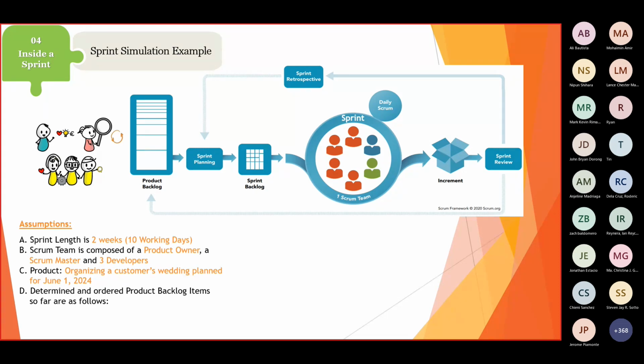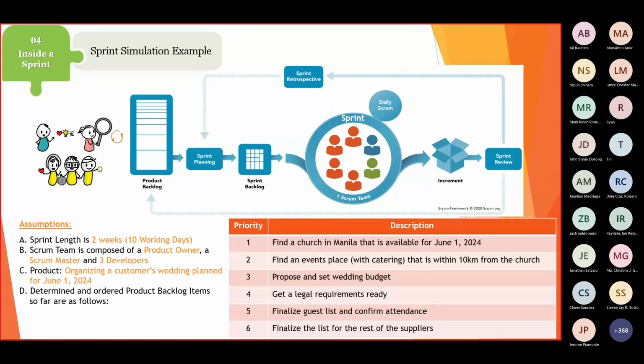As of this speaking, the product backlog items so far are as follows. We have here 6 items, ordered based on priority.